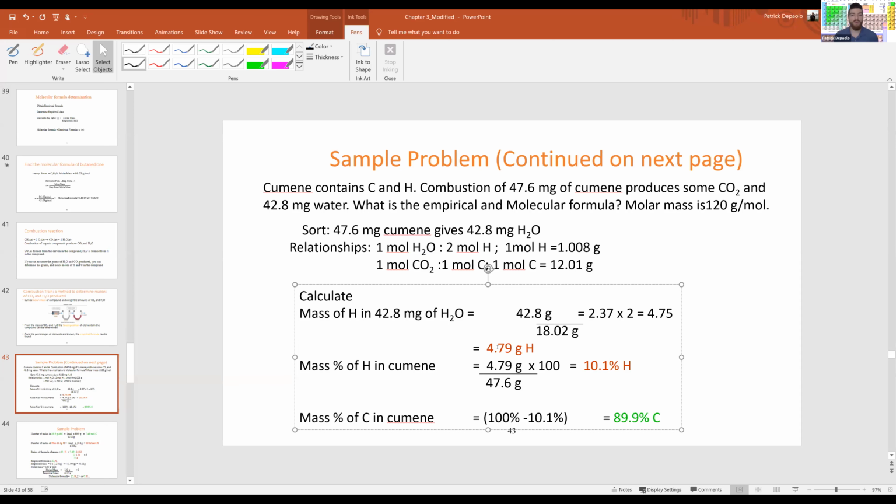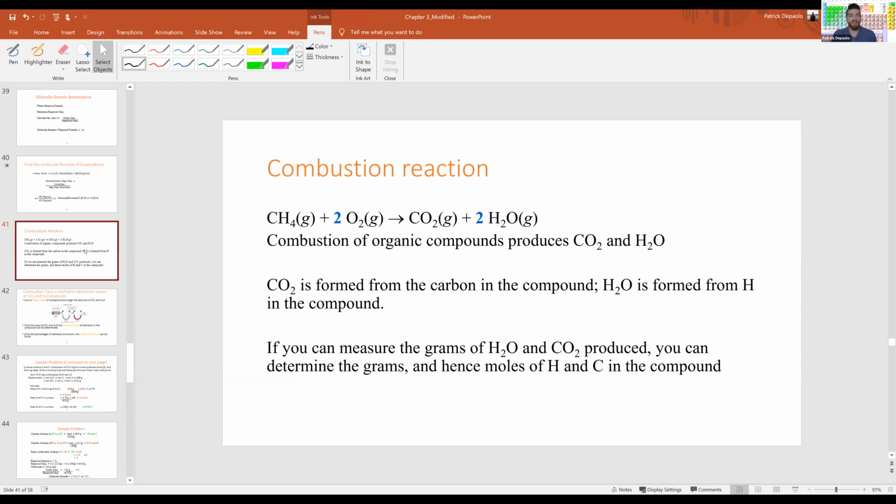Now, based on the definition of combustion, on the left side of the equation, the reactants, the only component that has hydrogen in it is the initial thing that's combusted, right? In our case, it's the cumin.